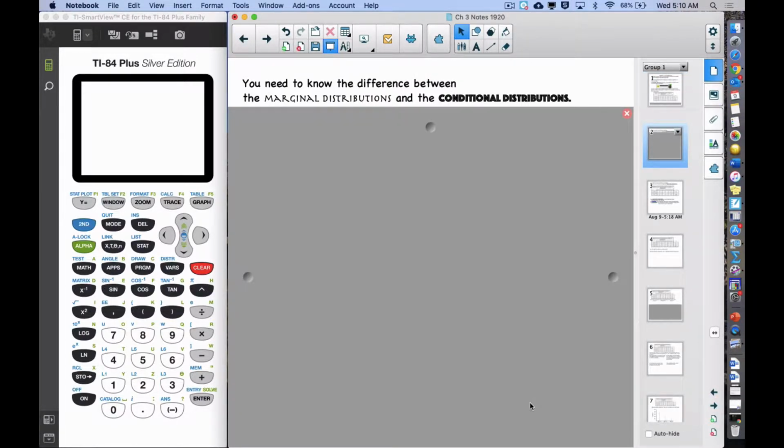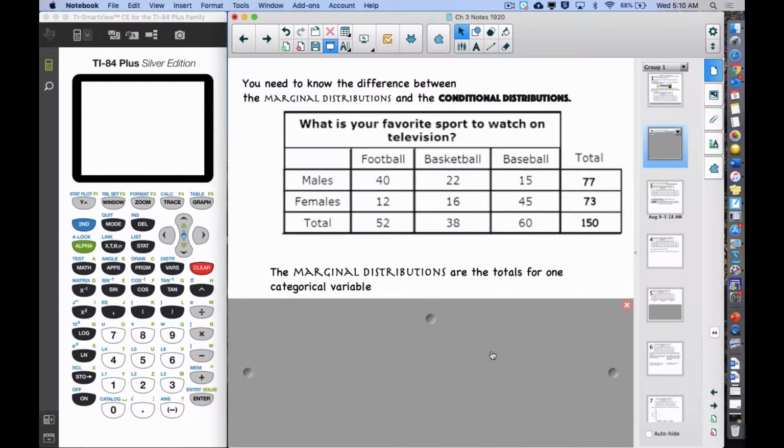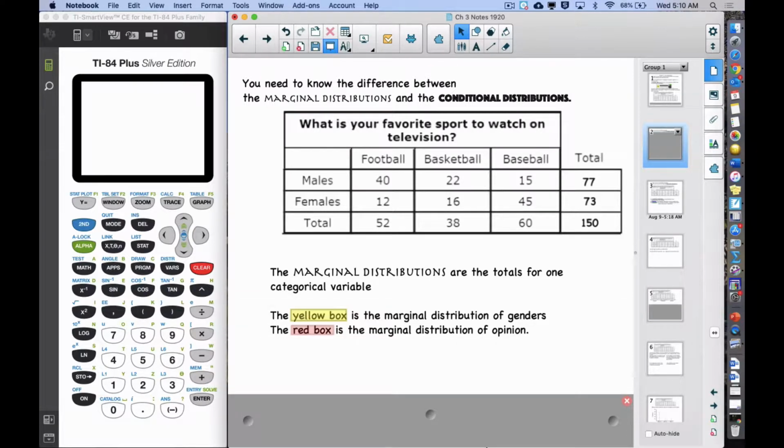One of the things you need to know is the difference between a marginal distribution and a conditional distribution. And really, you need to know marginal relative frequencies and conditional relative frequencies. So the marginal distributions are the totals for one categorical variable. So for example, the yellow box here is the marginal distribution of gender because that's the total for each gender.